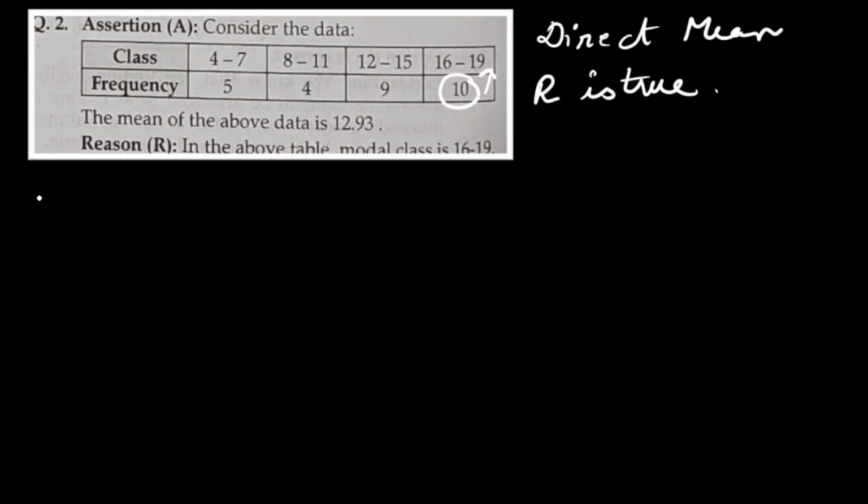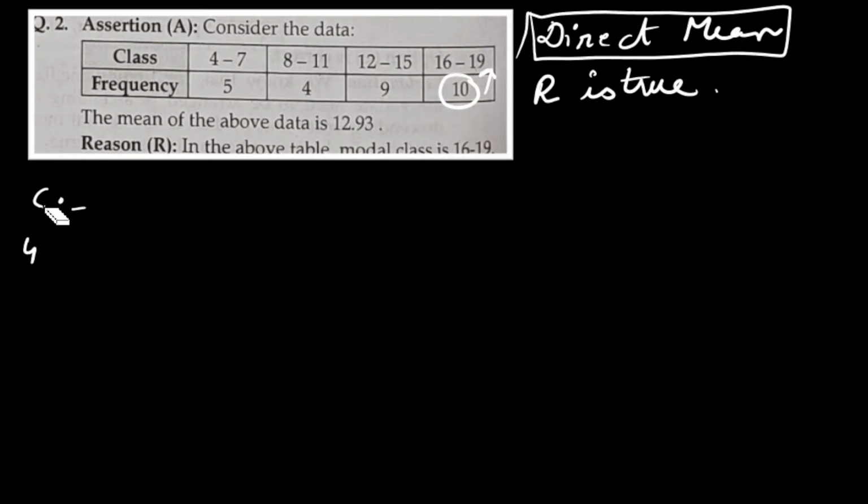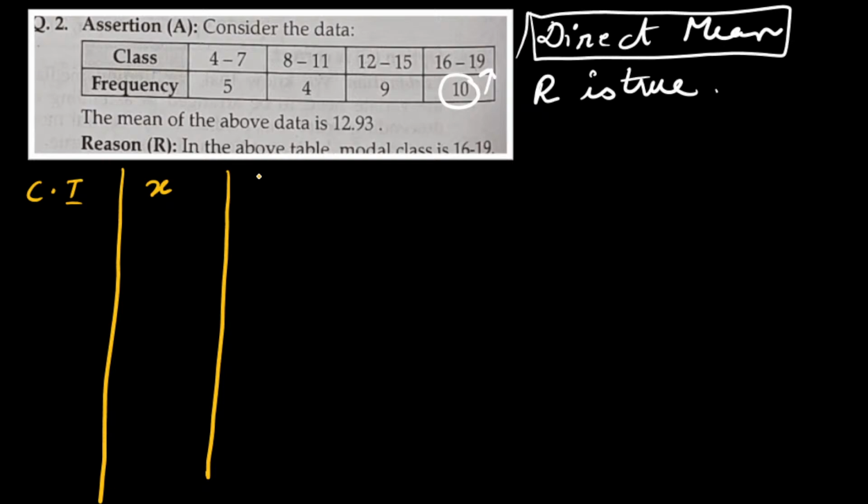I'll just write the table now, class interval I am writing. In this question, the first method of calculating mean I am going to explain, that is the direct method. So class interval is 4 to 7. Then first of all, one new term I'll tell you here: X. What is X? Then frequency I'll write.